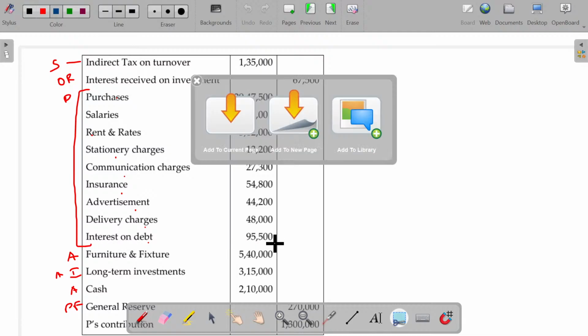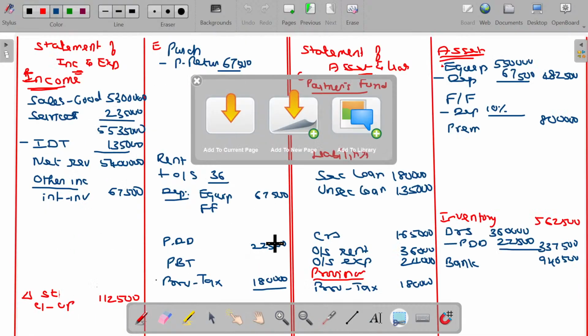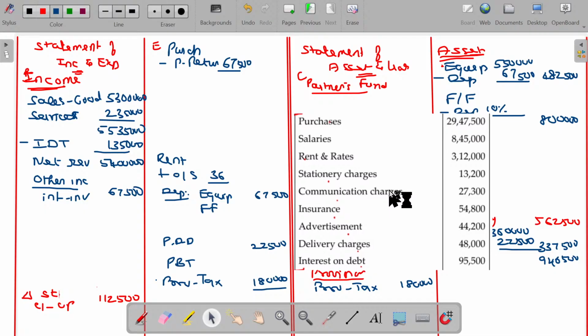There is no doubt, you can directly post that in the expenses side. We'll start with purchases 29 lakhs 47,500. Returns 67,500 subtracted. So finally 28 lakhs 80,000 rupees. Salaries, one after one.